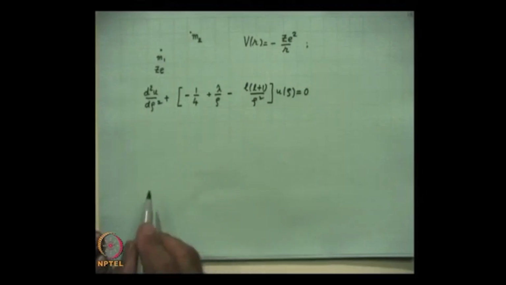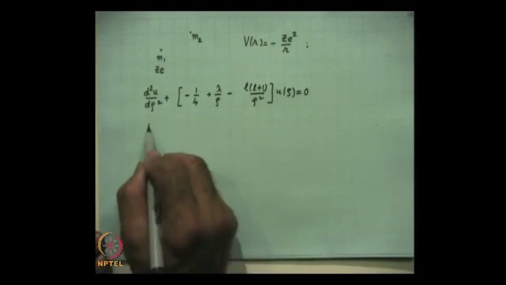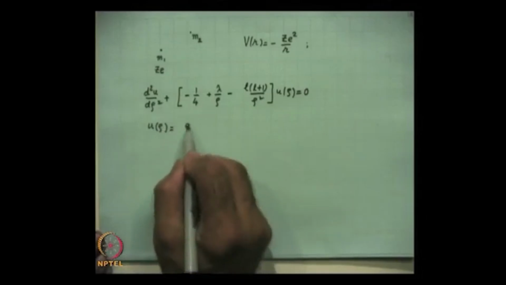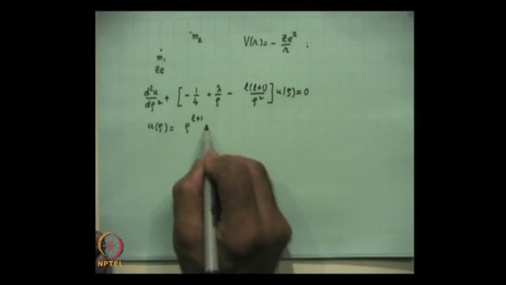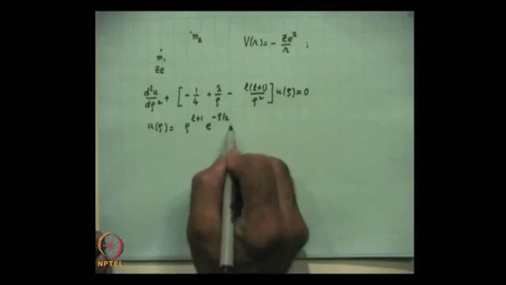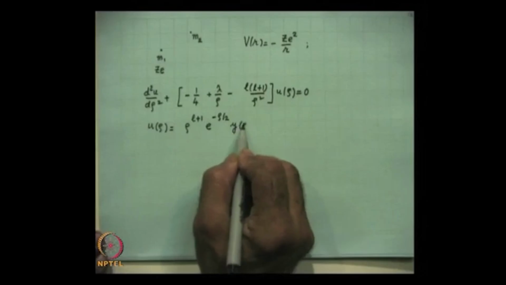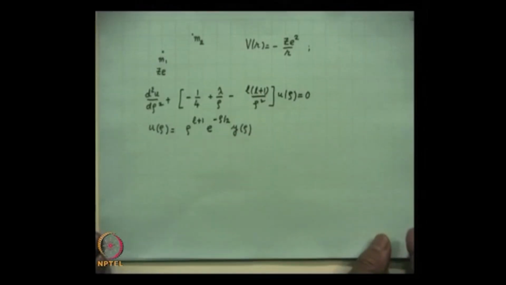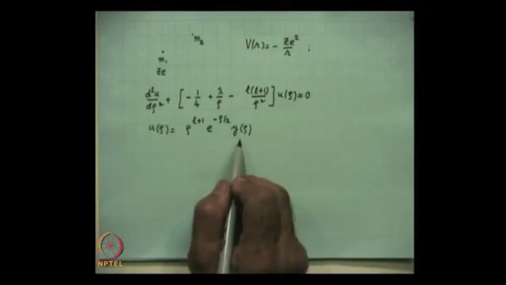That suggested that we should try out a solution of this form: u of rho is equal to rho to the power of L plus 1 times e to the power of minus rho by 2 times y of rho. Now, there is no approximation here, because I have defined y of rho by this equation.